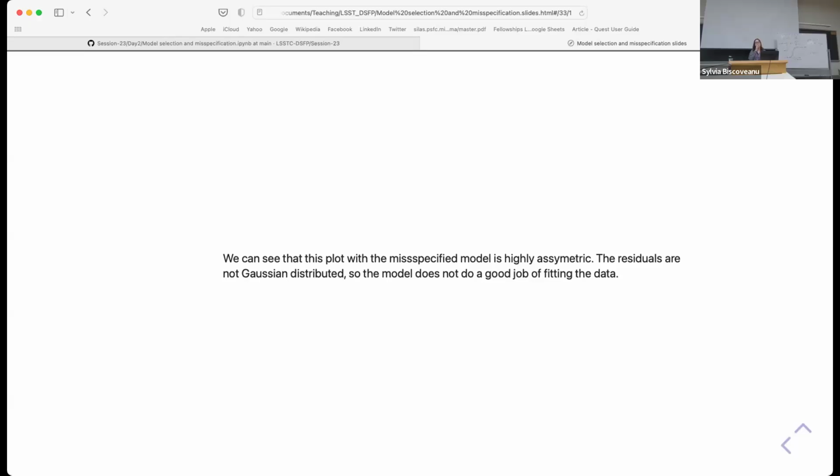I see a lot of people very frequently assume their noise is Gaussian distributed. Is that generally an assumption, or does it just kind of make it easier? Yeah, so this depends on your instrument and on the statistics of your measurements.